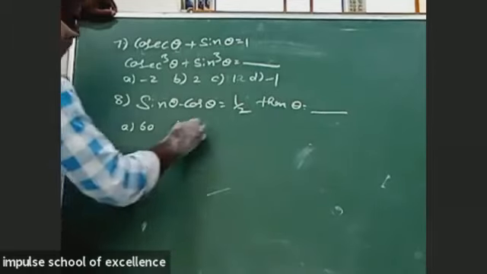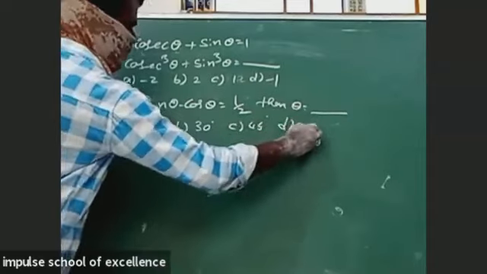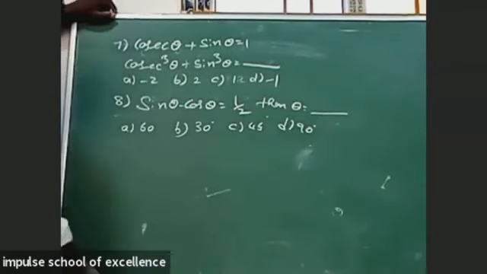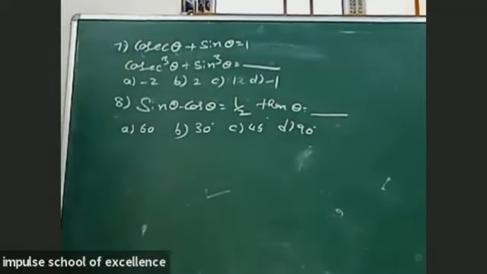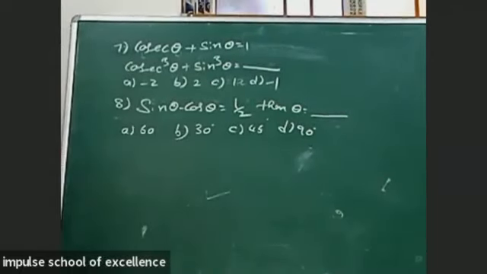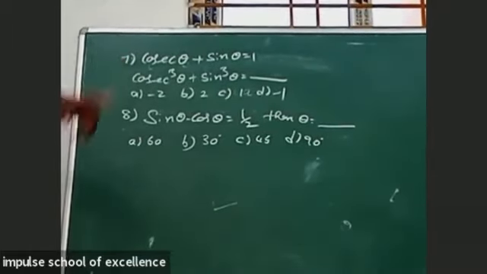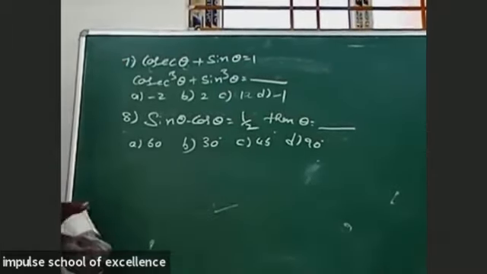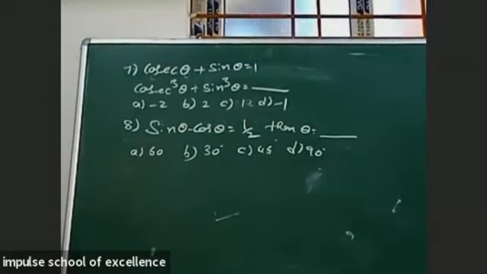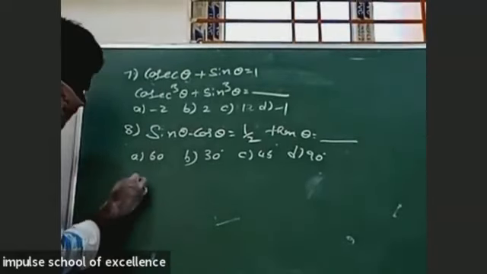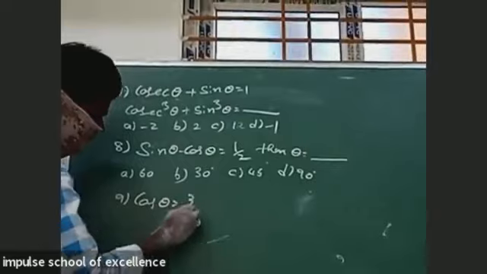Yes, very good, ma'am. Plus 3 minus 1 by 3, you should not plus. Finding everything. Next, right. Cos theta is equal to 3 by 5.